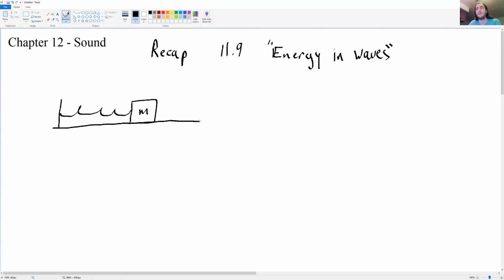So imagine we have this mass on a spring. We showed many times now in this class that the energy that's stored in the spring, if the mass is stretched a distance a, is 1/2 Ka squared. And that is the total energy stored in that system.